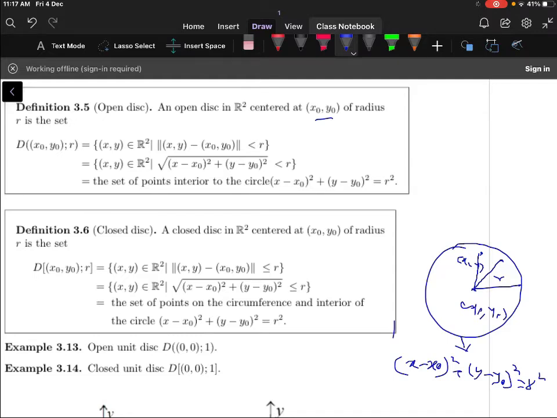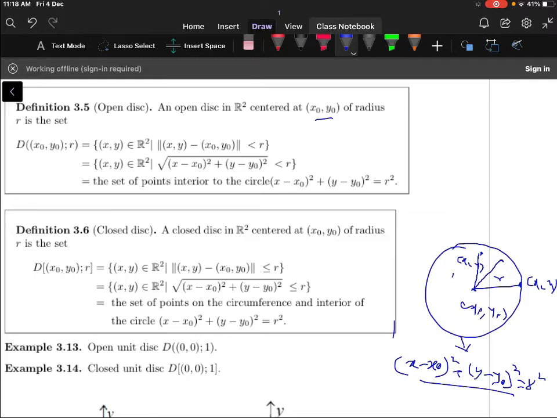Suppose if I consider the points on the circle, this is the point x comma y, the distance from x comma y to x0 comma y0 is equal to r. Always you collect the interior points to the circle. So these points are the open disk elements.